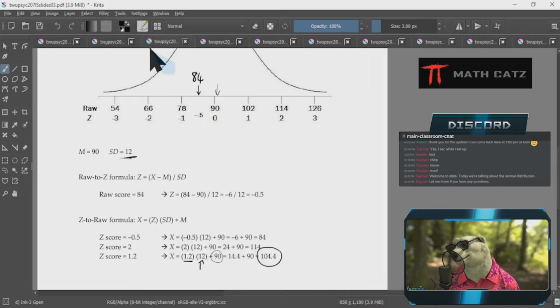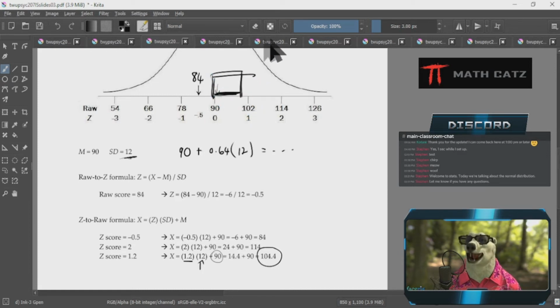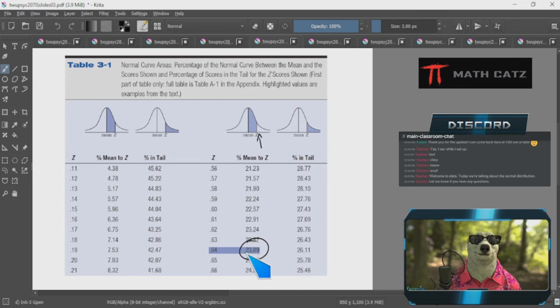If I have a specific example, I can then calculate, for example, 90 plus 0.64 times my standard deviation and get whatever I get. And then that would give me the range that would capture just under 24% of the data values.